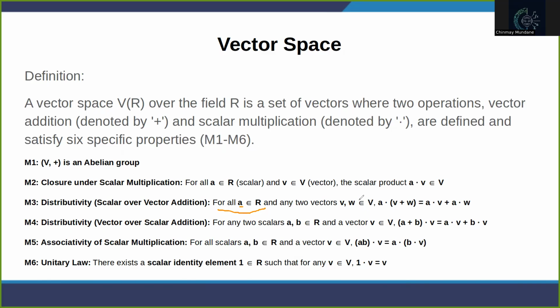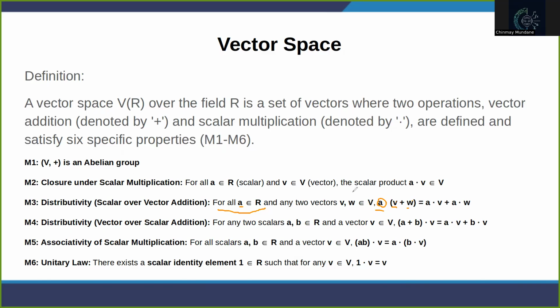So these all belong to the vector space V. So if you scalar multiply the summation V plus W by scalar A, then it should be A dot V plus A dot W, meaning the scalar value should be carried over to each vector. So A dot V plus A dot W, where A is a real number and these two are vectors.